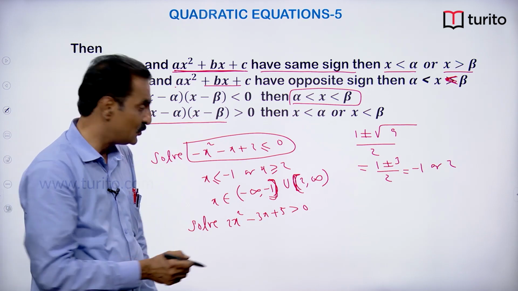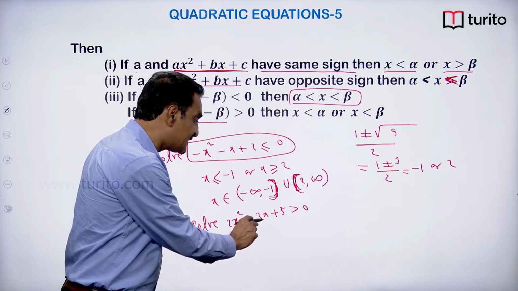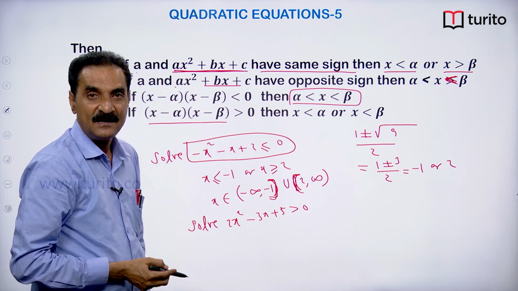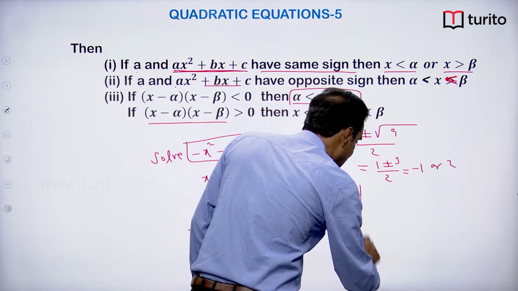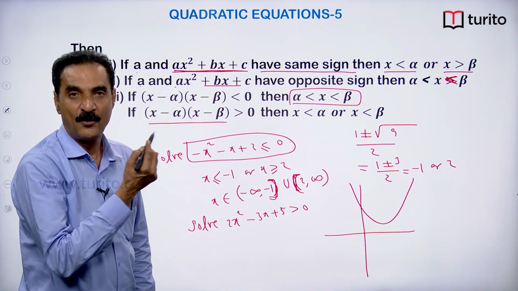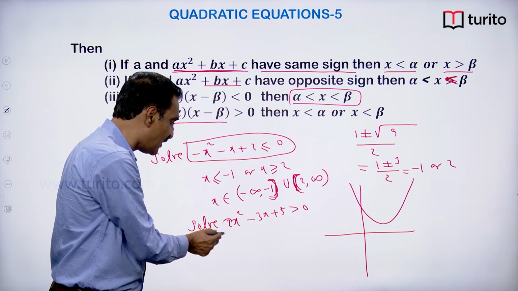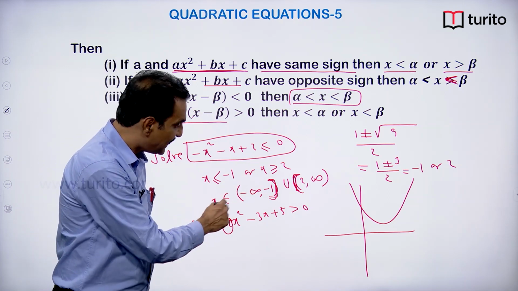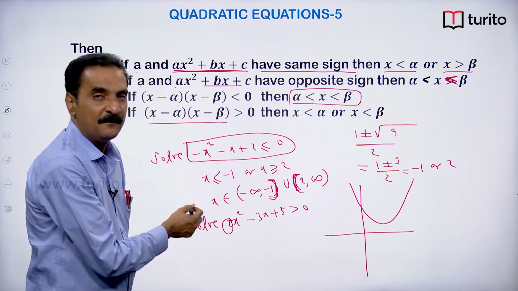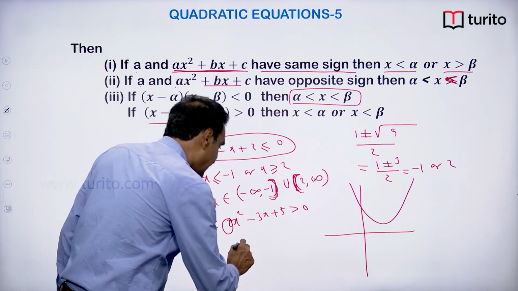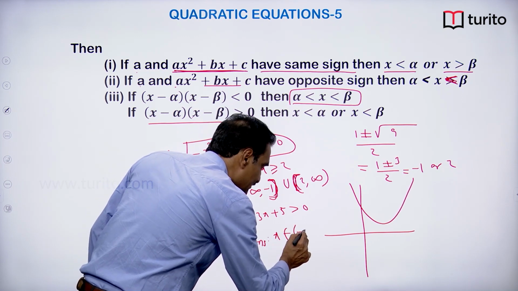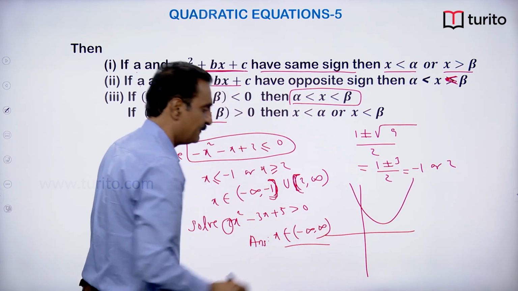When the discriminant is negative, the graph of this quadratic will be completely above the x-axis because a is positive. Concavity is upwards because a is positive. The graph does not intersect the x-axis because roots are imaginary, delta is negative. Then when is it true? For all real values of x it is true. Then you will write the answer as x belongs to all real values, minus infinity to plus infinity.